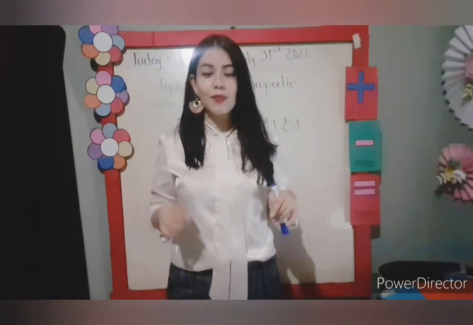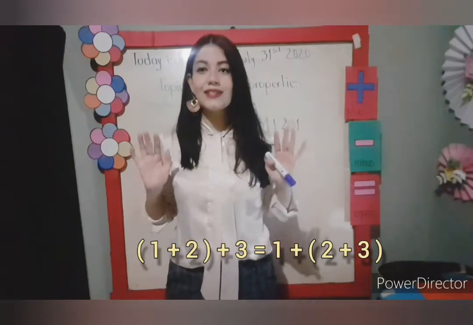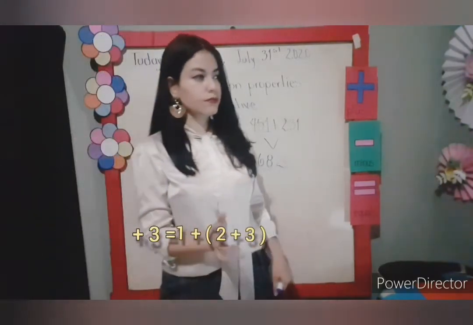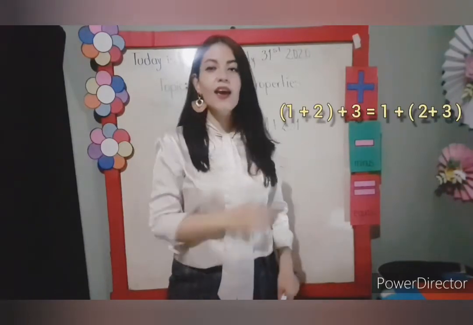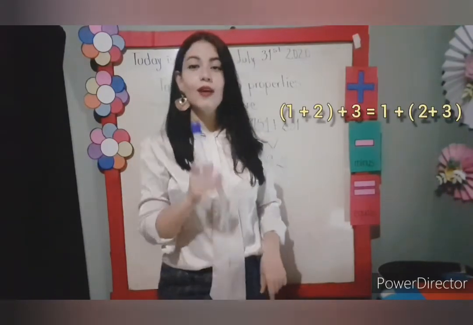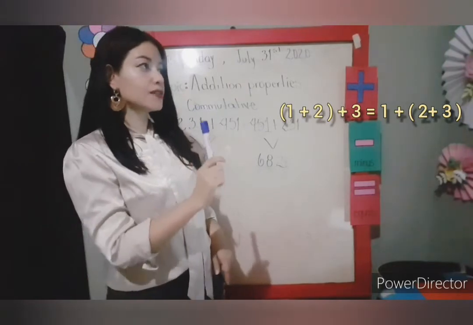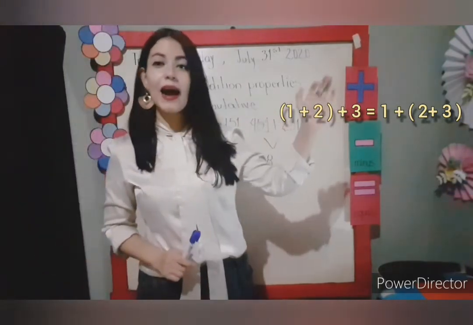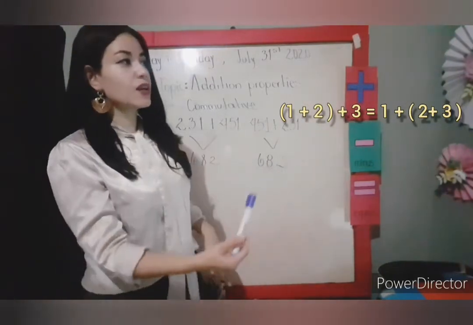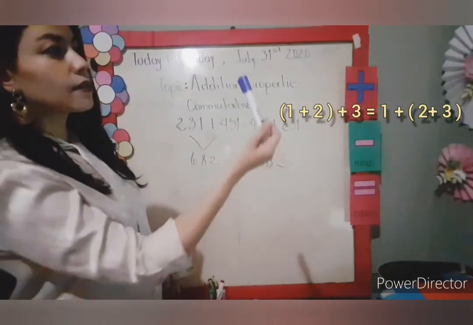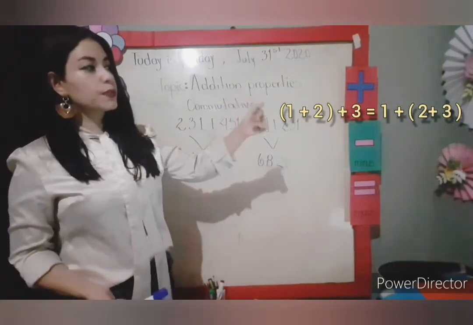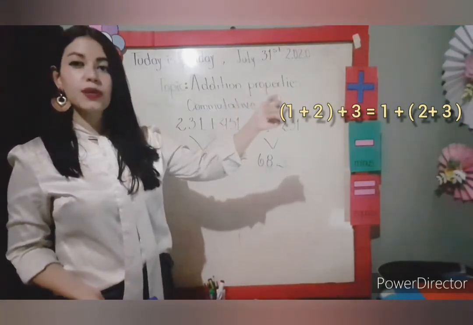That means in numbers, it is the same thing as this. We have here, in parentheses, 1 plus 2, and plus 3 out of parentheses, is equal to 1 out of parentheses, plus, in parentheses, 2 plus 3.